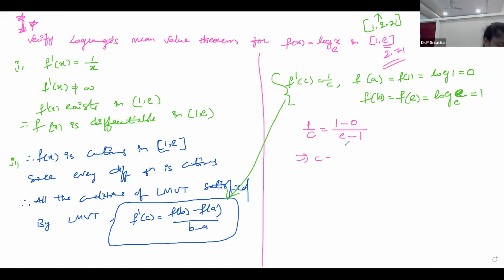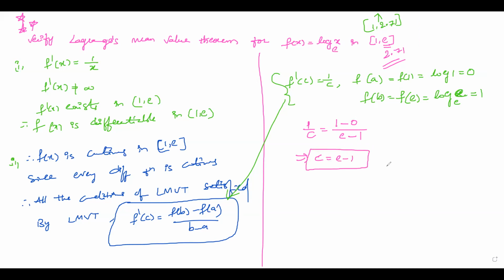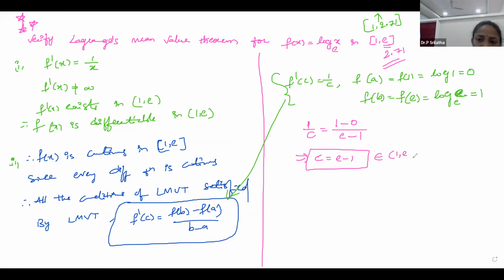So what is c? c is equal to e - 1. Does e - 1 belong to the open interval (1, e)? Yes, it belongs, because e is nothing but 2.71, minus 1.